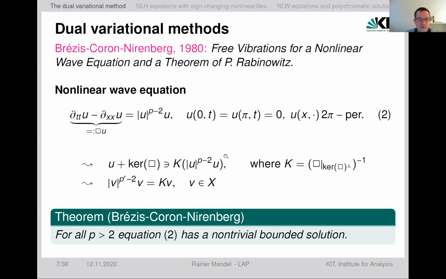Let me now say a few words about how this method can be applied. So I think one of the first occurrences of this strategy was in 1980 when Brezis, Coron and Nirenberg applied this method to the nonlinear wave equation that you can see here.